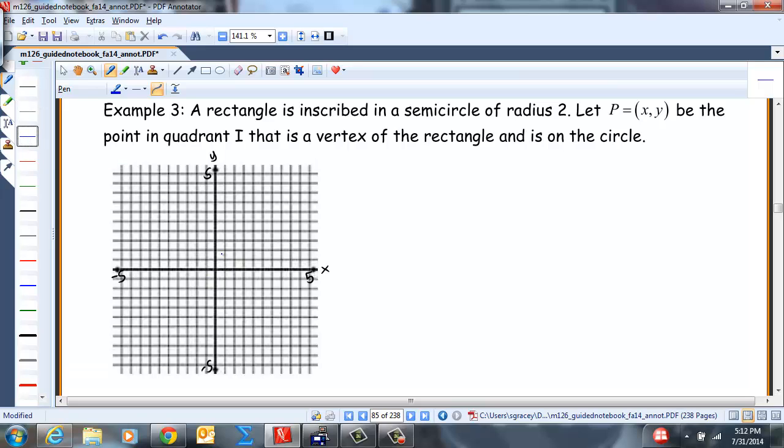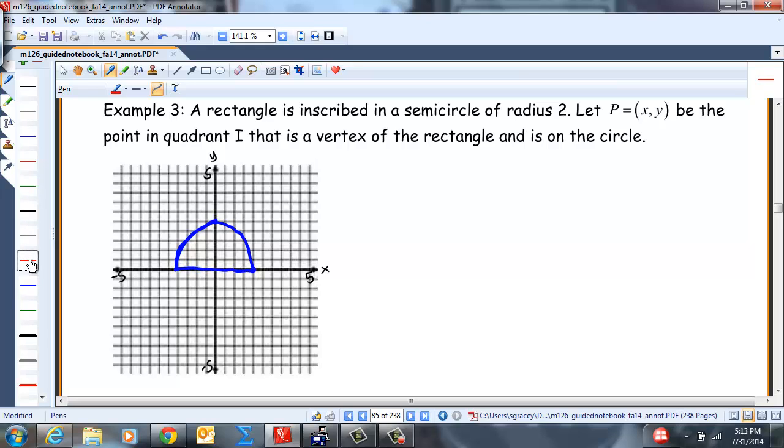A semicircle of radius 2 means we'll have ordered pairs at 2, 0, at 0, 2, and at negative 2, 0. So we've got this semicircle here.